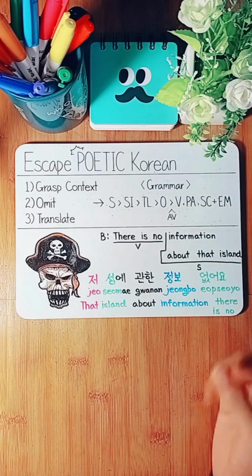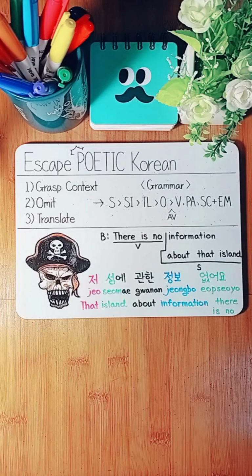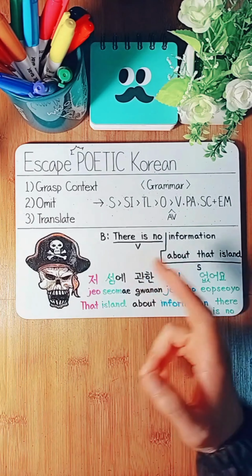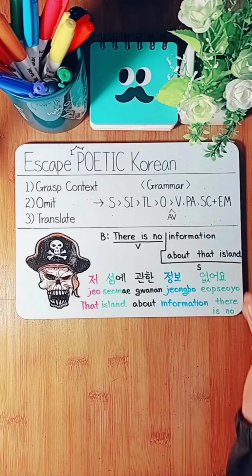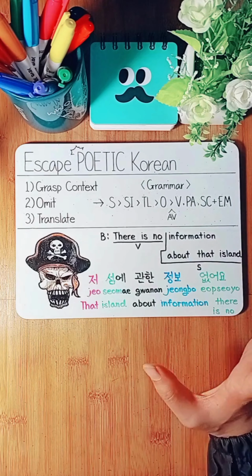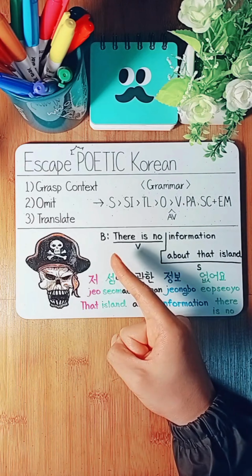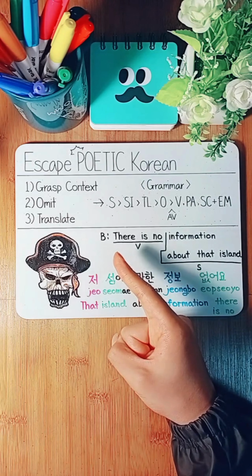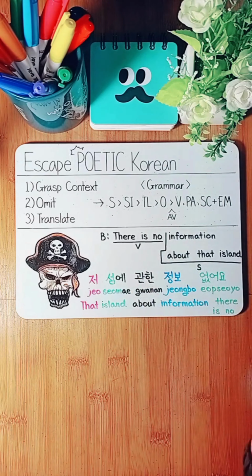And then, what would be the sentence that follows up? There is no information about that island, something. So, yes, B is saying, let's not land, right? Let's not go there, right? B did not actually say it, but what is B saying?